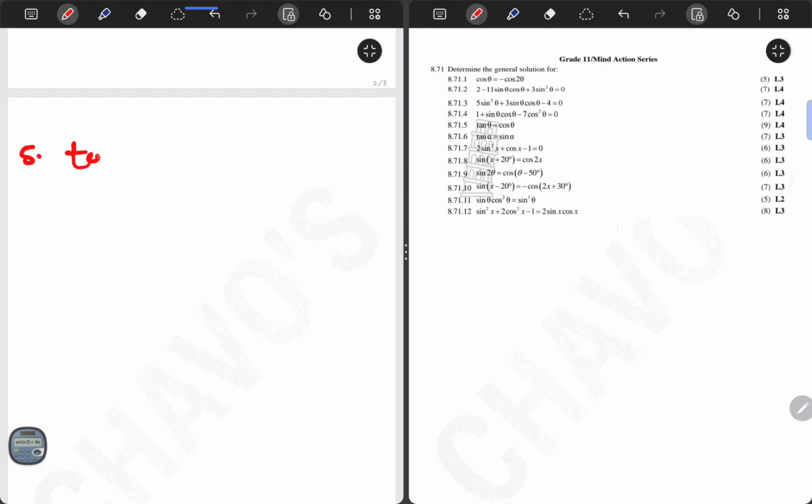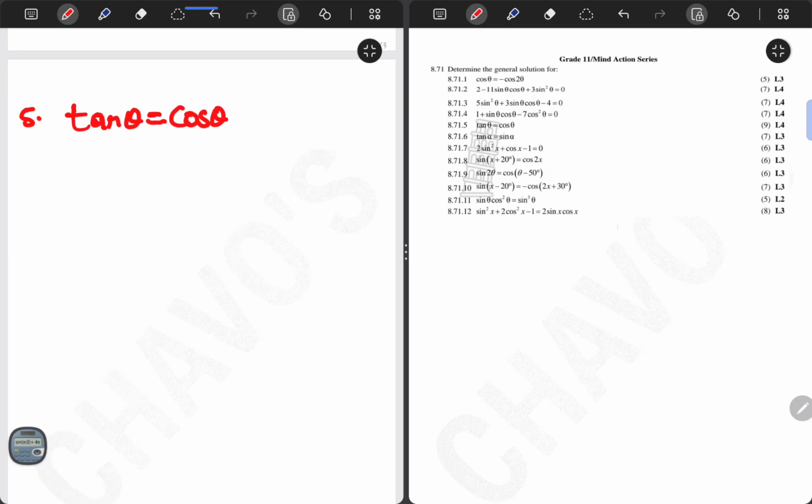We've got tan theta equals to cos theta.